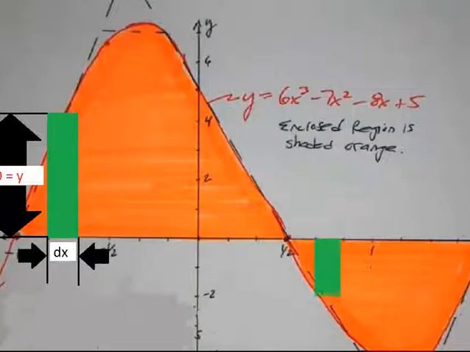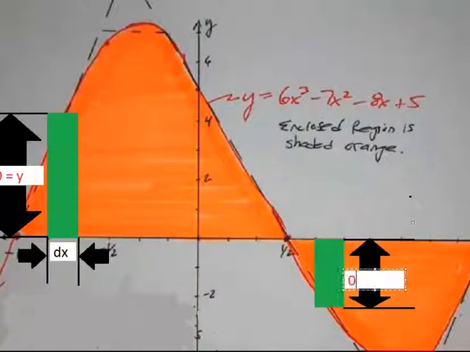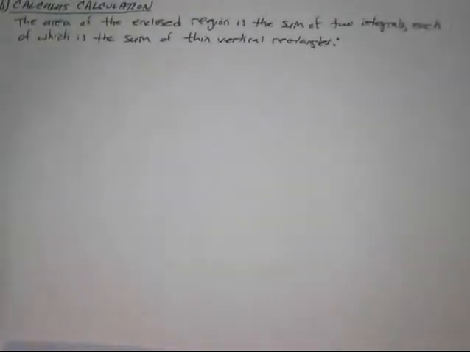When we sum the rectangles whose tops are defined by the x-axis, we'll find that their length is defined by 0 minus y equaling negative y, and have a width also of dx. So now let's describe what we have in mind for a solution, and that is that the area of the enclosed region equals the sum of two integrals, each of which is a sum of thin vertical rectangles. And now, following our visualization, let's go ahead and record those two integrals.